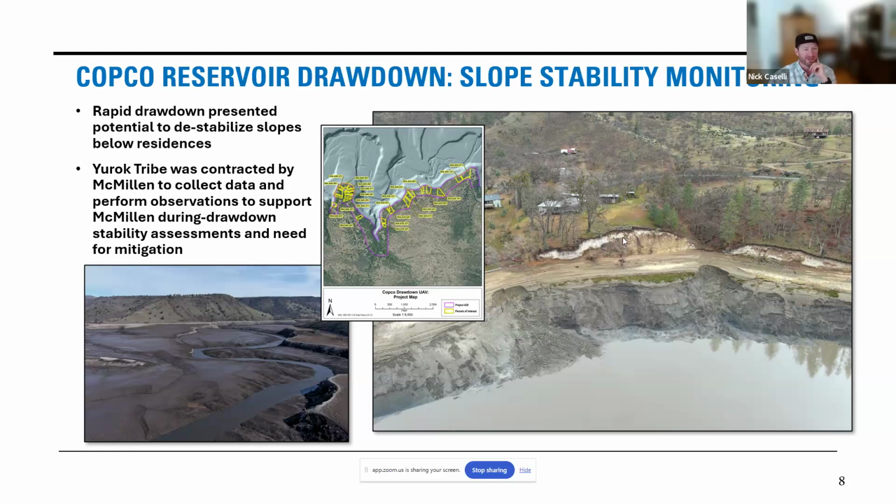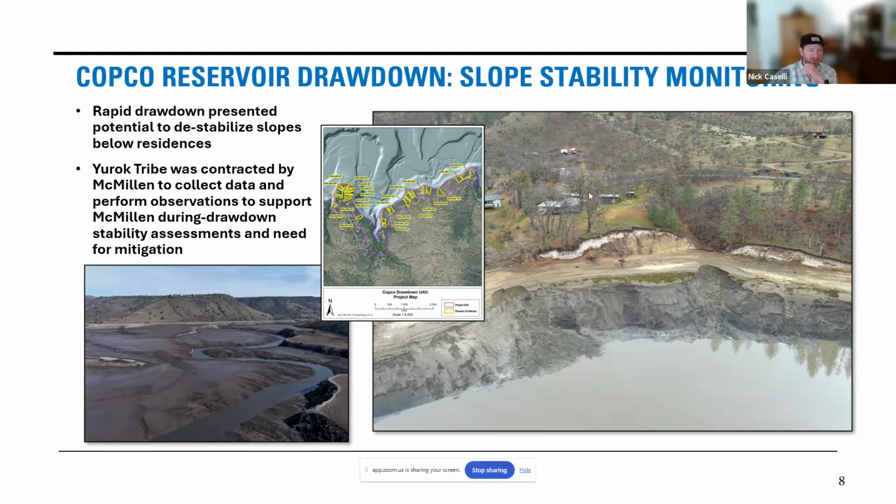There's a layer of that with volcanics sitting on top of that and sitting on other material. So with drawdown happening so rapidly, the concern was that maybe those slopes would dewater less quickly than the reservoir itself, and that could sort of pull the rug out from underneath it, and you could have blocks of material moving, potentially with homes on them, sliding and endangering the structures or the residents.